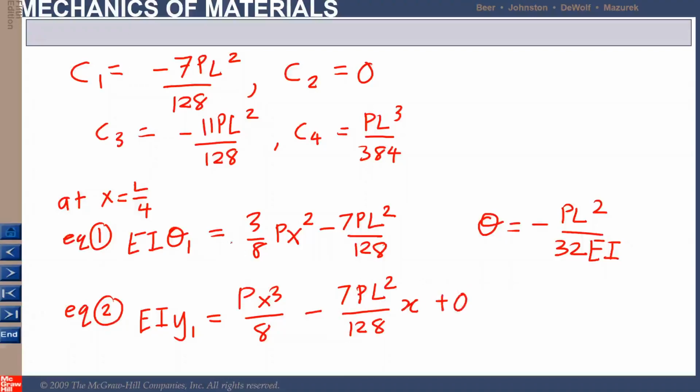Again we put the value of L over 4 into x here, so we will get our y as 3PL cube over 256 EI. So this is the value of slope and also deflection at point D.